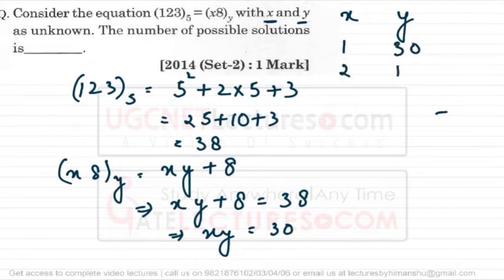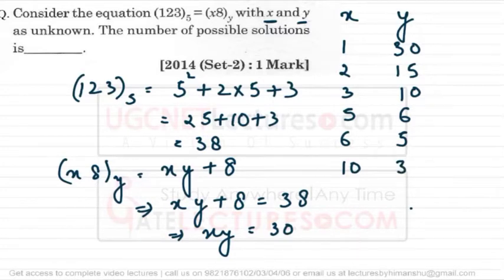If this is 2, this can be 15, 3 and 10, 5 and 6. Then you get 6 and 5, 10 and 3, 15 and 2, 30 and 1. So these are the number of possible solutions for x and y.